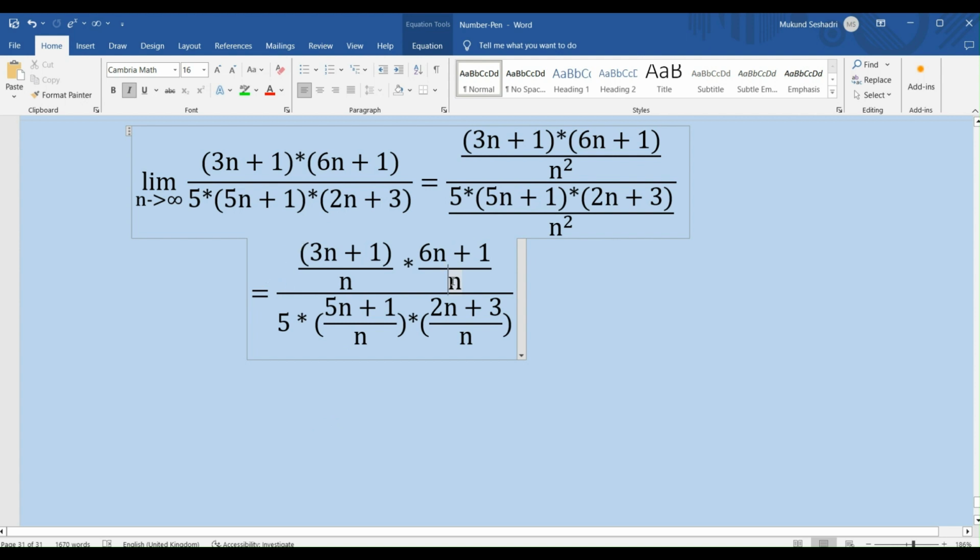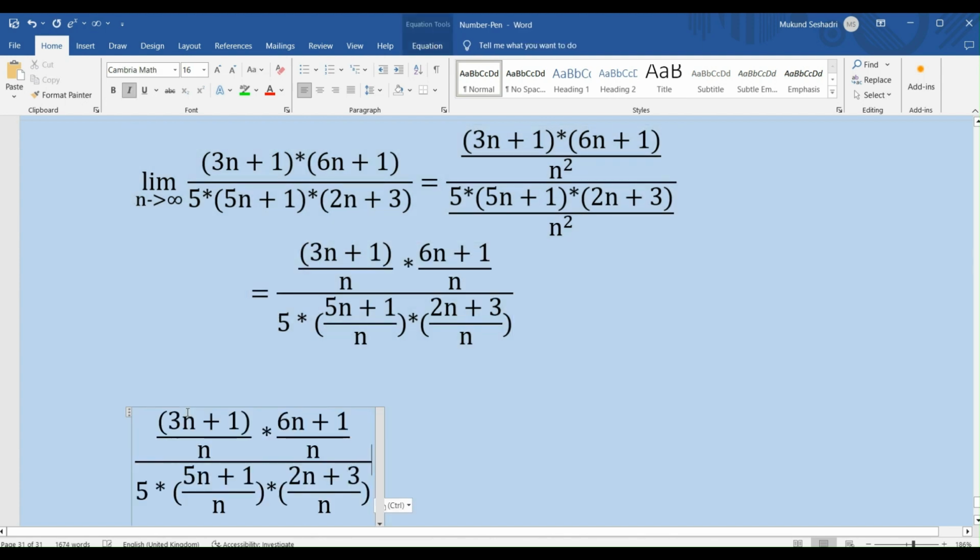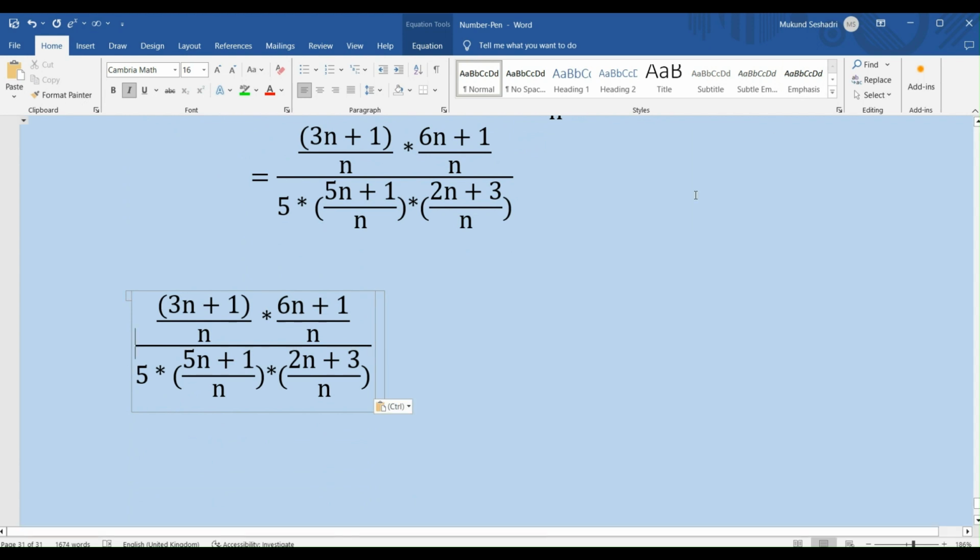So I'm going to rewrite this expression 3n plus 1 divided by n as 3 plus 1 by n, right? Let me copy this expression and rewrite this fresh. So this is nothing but 3n by n becomes 3 plus 1 by n.